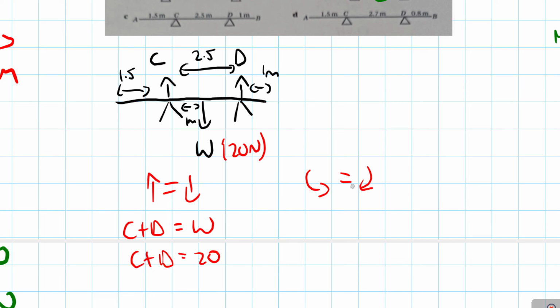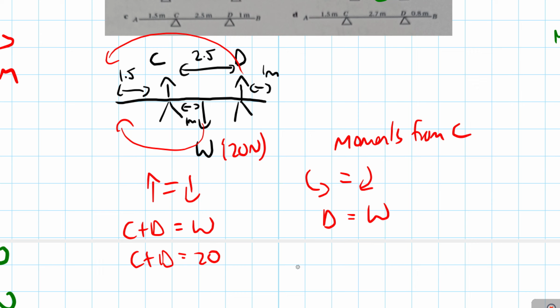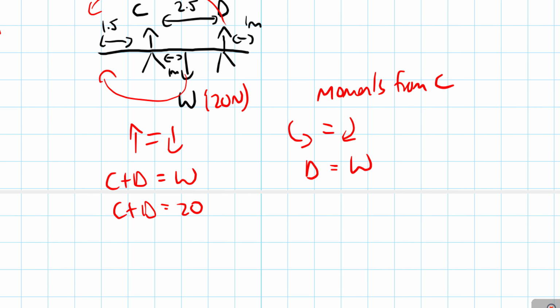anti-clockwise equals clockwise. Again, the weight is going this way round C, so from the point where you're taking moments from, so moments from C, here it's going to be weight, and D is going anti-clockwise around C. And then we use our formula, so moments equals force times distance.